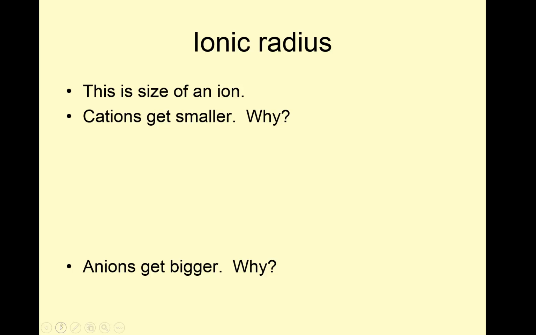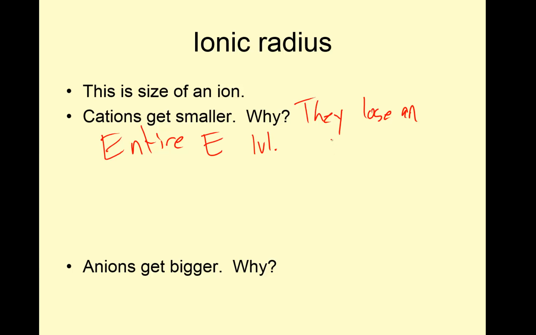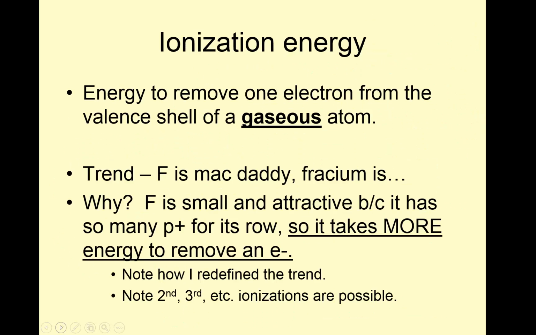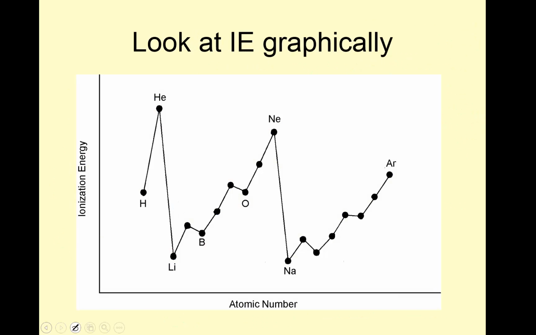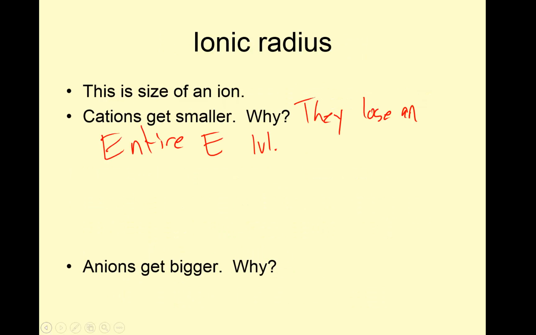Ionic radius, this is the size of an atom. Cations get smaller. Why? They lose an entire energy level. Let's say I have potassium. Potassium ends in 3s1.